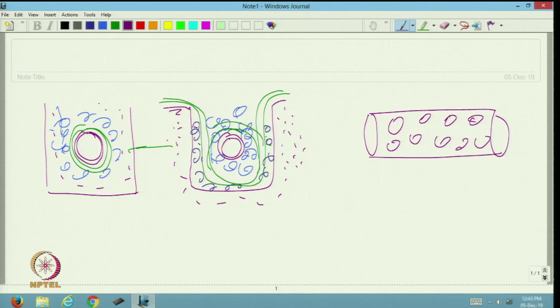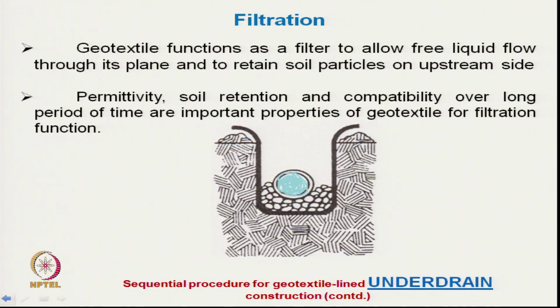Now, due to the filtration characteristics, this geotextile will not allow the soil particles to enter inside and clog this pipe, and this pipe will maintain its openness, and this will act as a drain. So, for this drainage application, for this under drain, the filtration characteristics of geotextile are important.